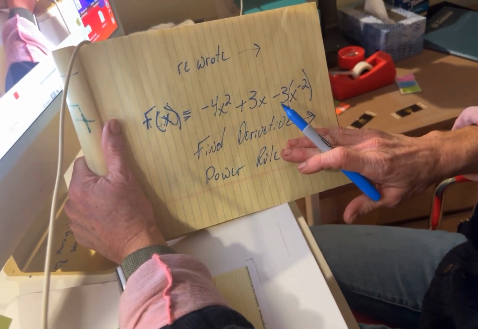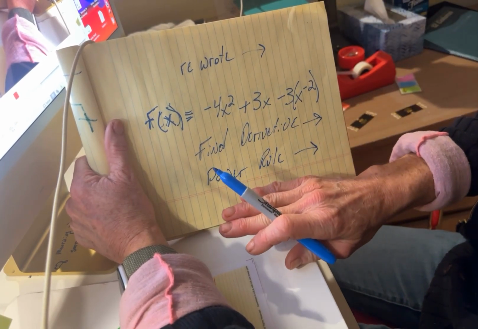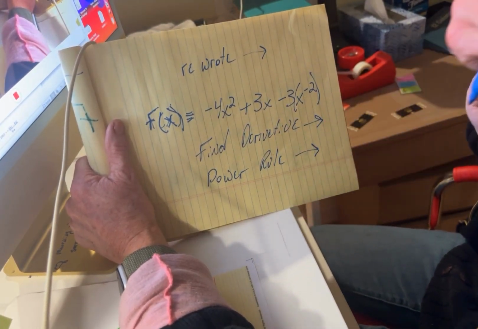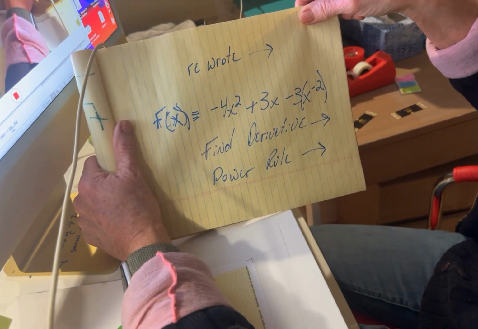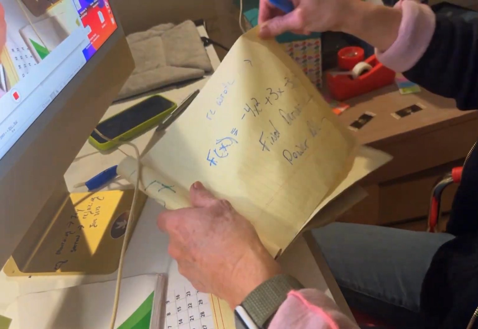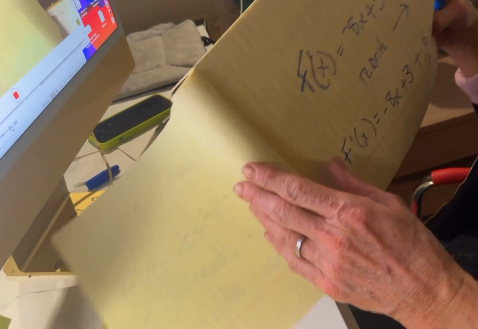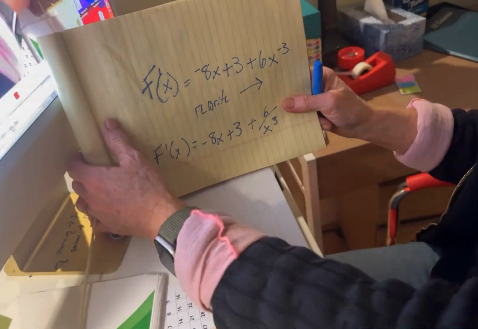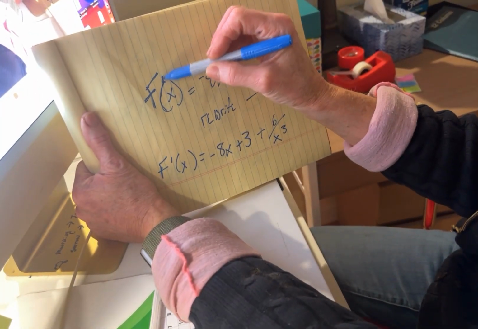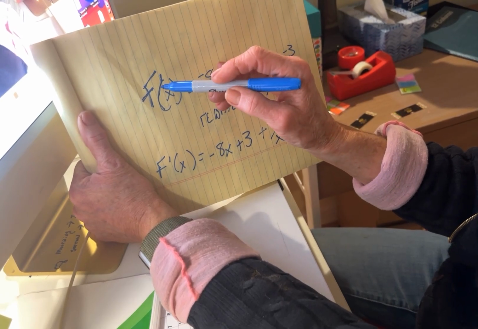Now we want to find the derivative. And we're going to do this using the power rule. The power rule simply says that we take the power and we move it in front here, and we subtract 1.